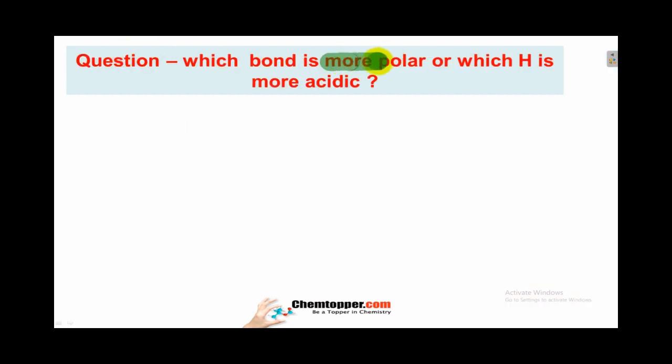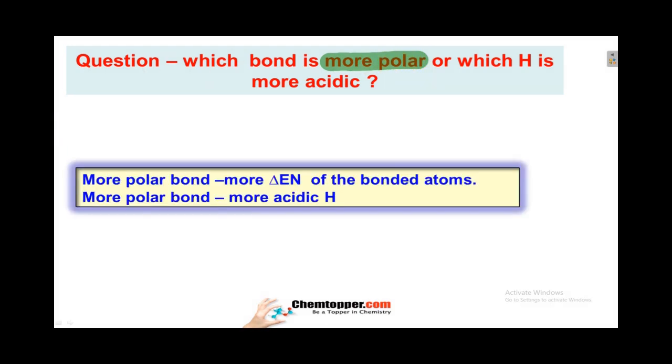For doing this type of questions, we have to understand the meaning of more polar bond and how to identify it in a given compound. More polar bond is the one in which the difference in electronegativity between the bonded atoms is the maximum. Let's try to work this out with the help of an example.